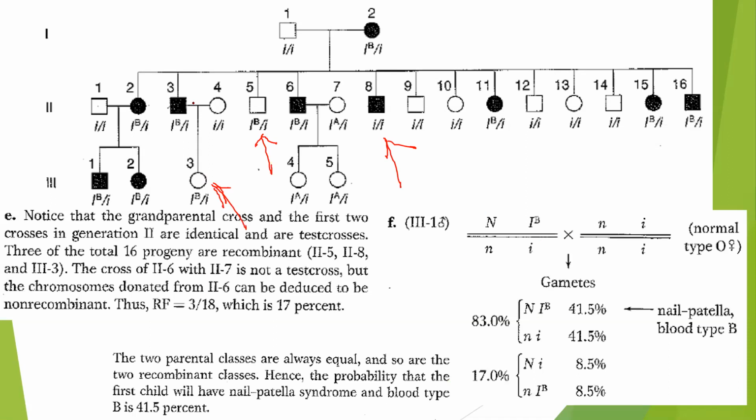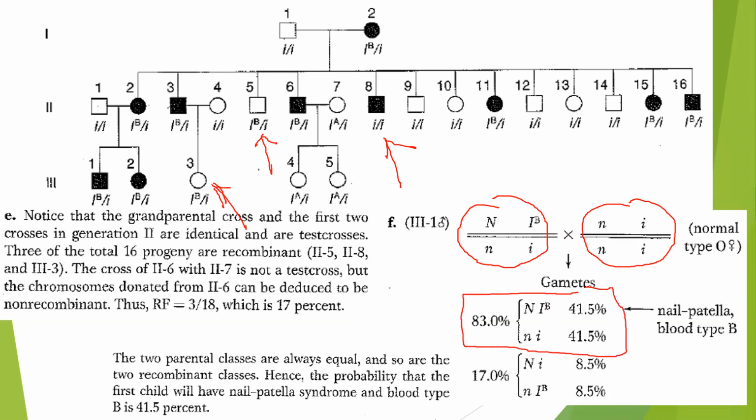Because if we do the test cross, this affected parent mated with this double recessive parent, the majority of the progeny will be parental type, but only a small proportion of the progeny show the non-parental type, which are the recombinants, because of the crossing over occurring here, right?